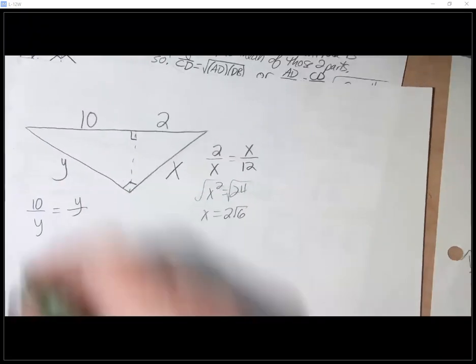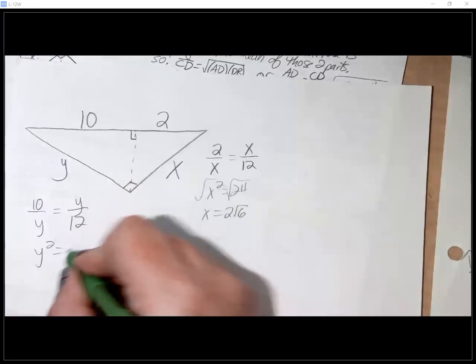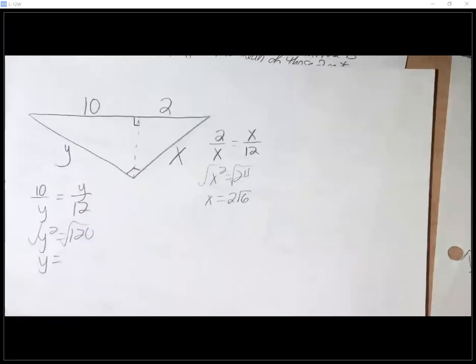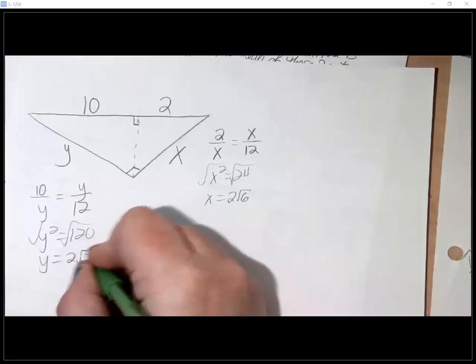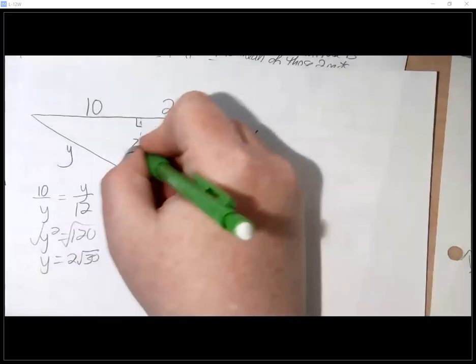So this one's going to be the square root of 120. Oh, did you guys simplify that? What's that? It doesn't go any further than that, right? 2 root 30. That's good to me. Same triangle, same numbers. Find me z.